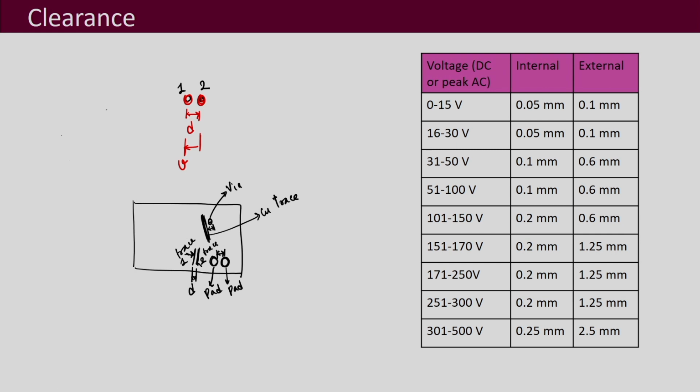So, between any two close points in the PCB which have got copper in them, you have to see whether the clearance is in accordance with the minimum it should be according to the voltage between those 2 points.